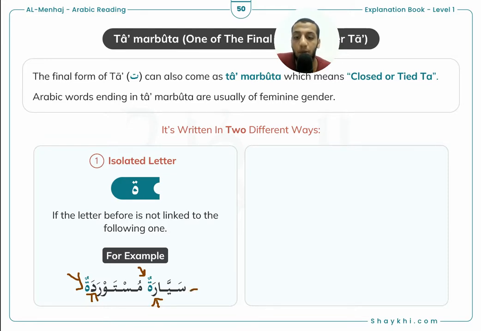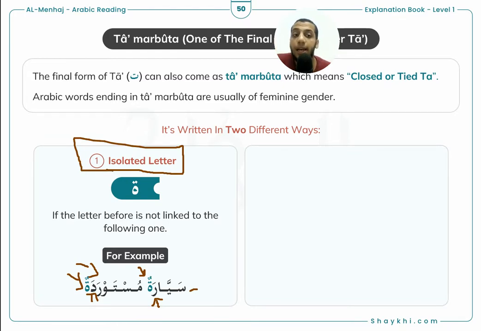So in سيارة مستوردة, because الراء here and ad-dal here are not joined to the letter after, we use this form of at-ta al-marbuta, which is the isolated form.